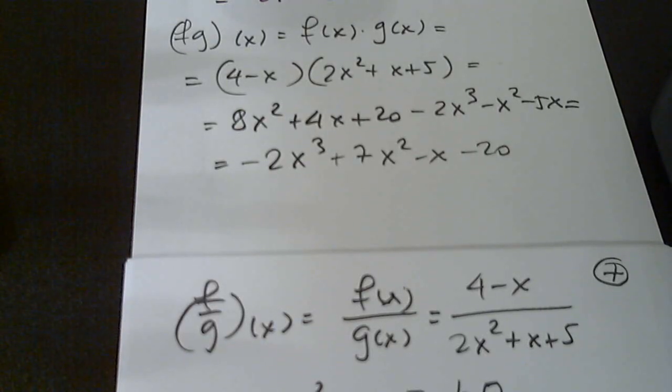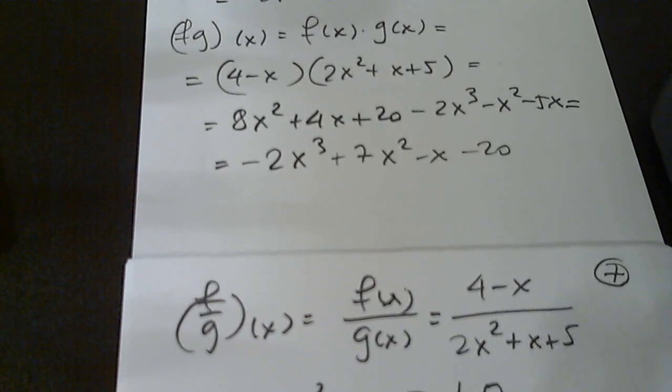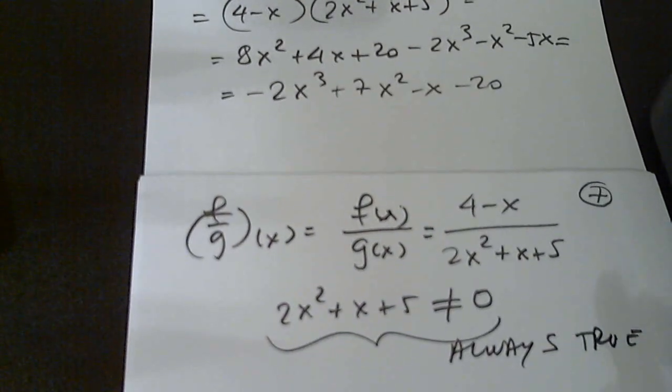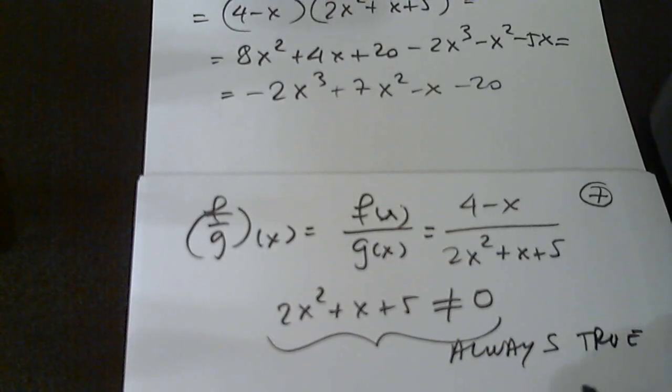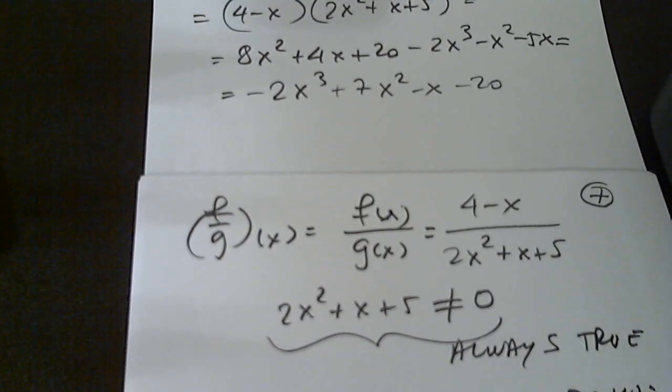Now notice that these are imaginary numbers, which means this is always true. Therefore, it's a lucky case. f over g of x has the same domain as the others, the common domain.